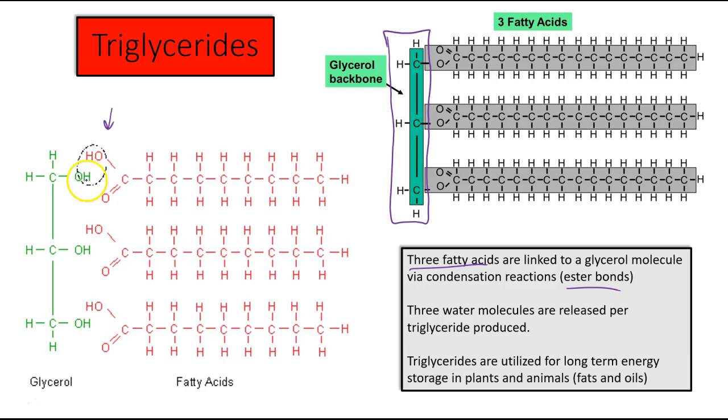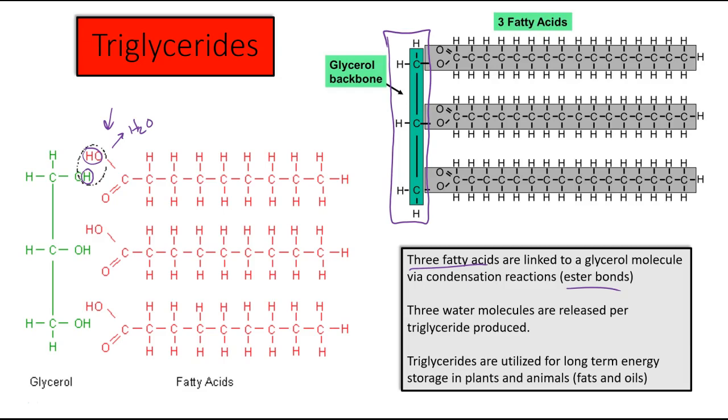We are going to take an H from one of the OHs on the glycerol. We're going to take an OH from the carboxyl end of a fatty acid, and because we have an OH and an H, we are going to produce H2O, which is a condensation reaction.